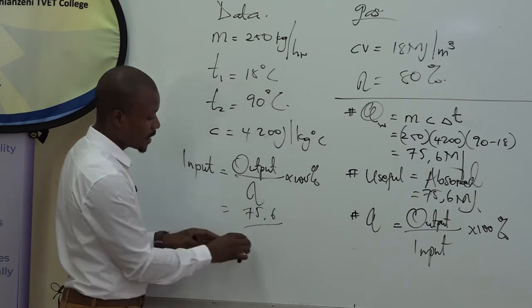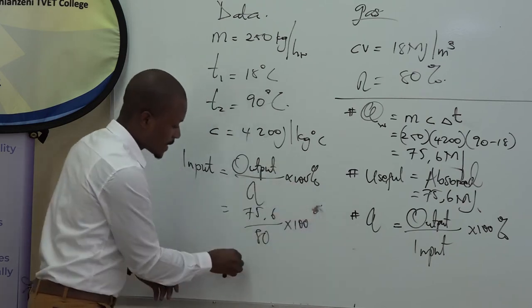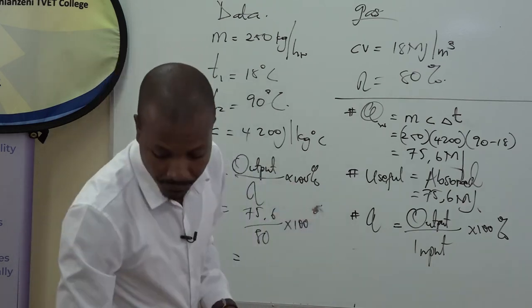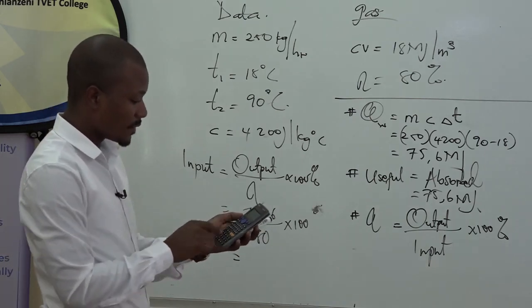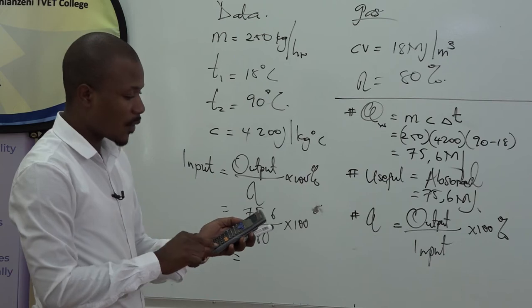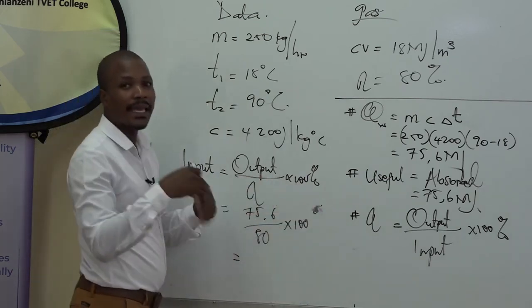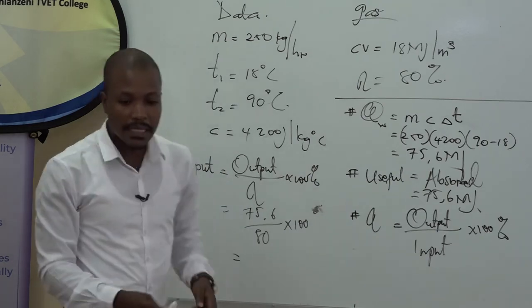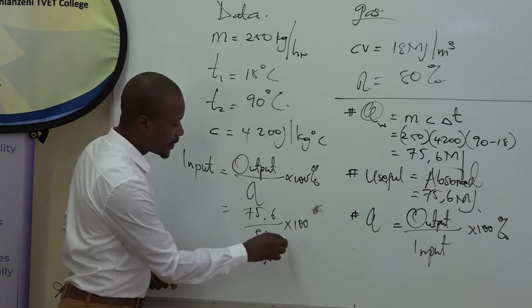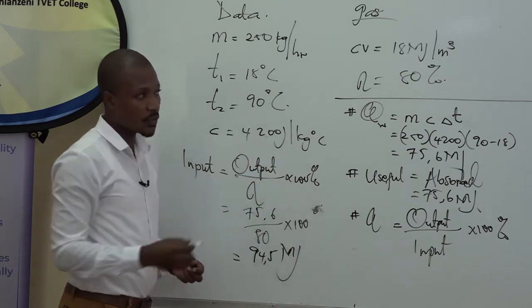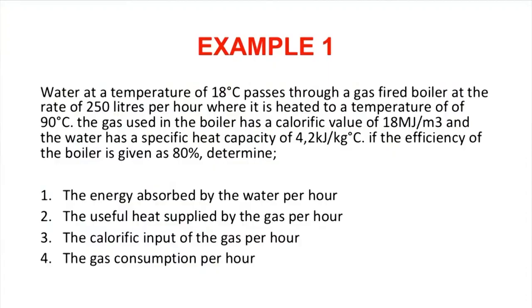Efficiency, 80, multiplied by 100%. If I have 75.6 divided by 80 multiplied by 100%, the calorific input of the gas to the boiler is 94.5 megajoules.